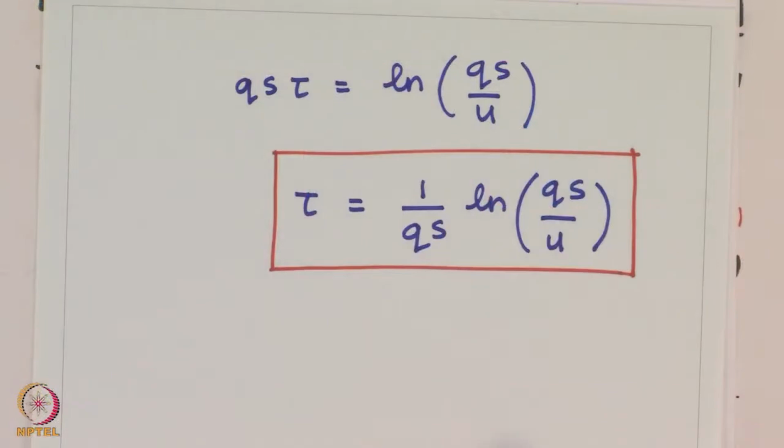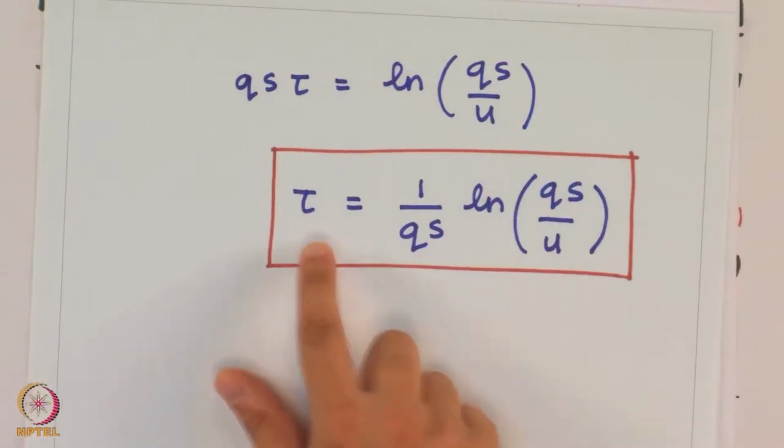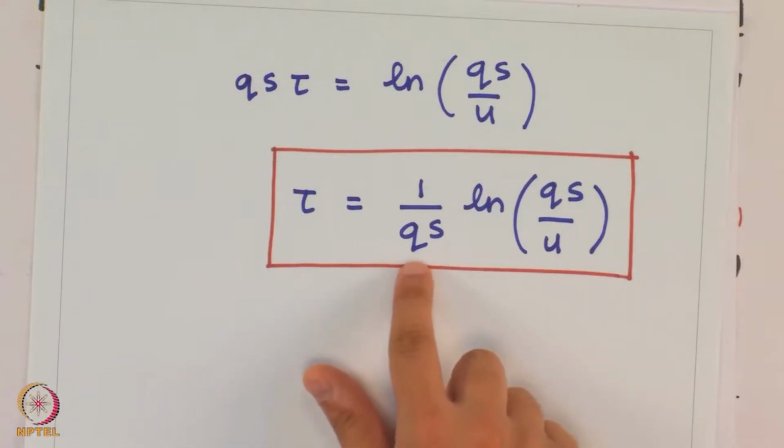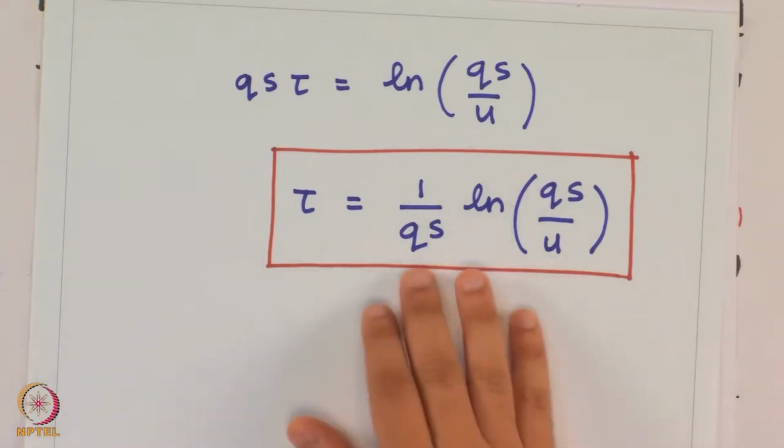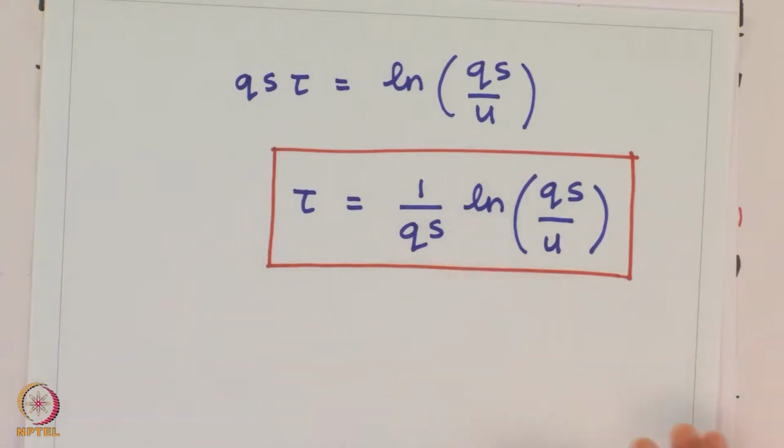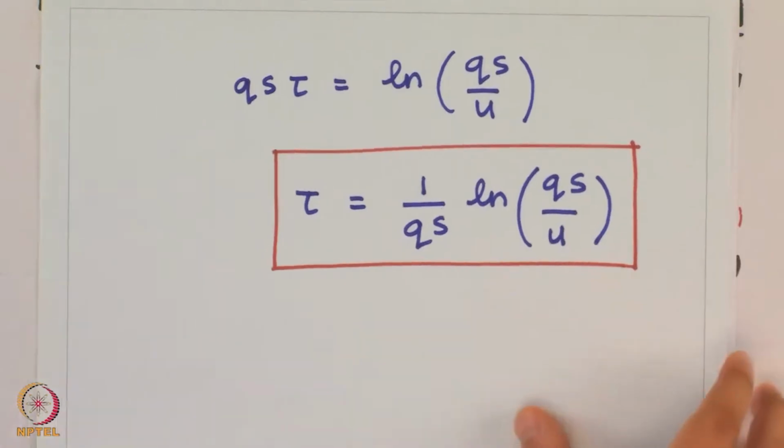So, while we have an expression of tau that we have derived here, this expression is in terms of q, which we do not really have an idea of right now, and which is somewhat arbitrarily defined as things stand currently. Okay. So, that is one way of looking at it.